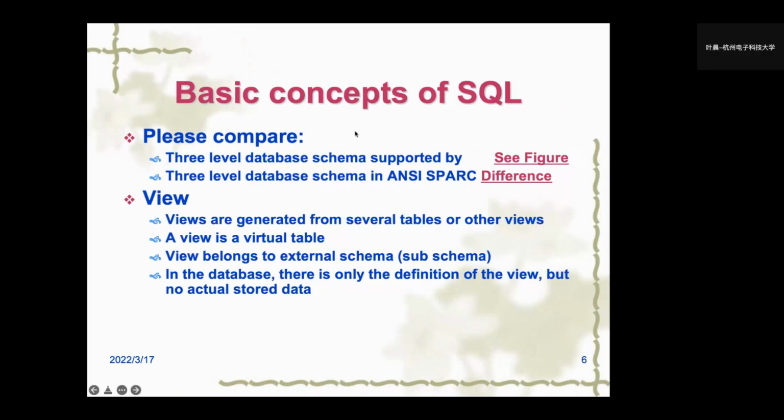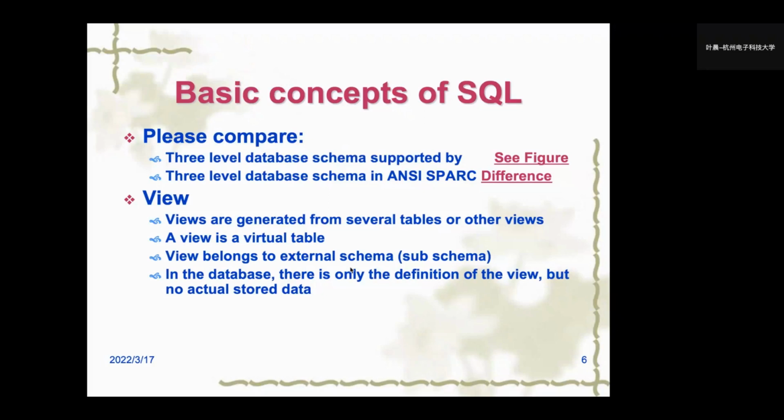So here, let's compare the three-level database schema supported by SQL and the three-level database schema in the standard architecture. What's the difference? Before that, let's clarify what a view is. Views are generated from several tables or other views.